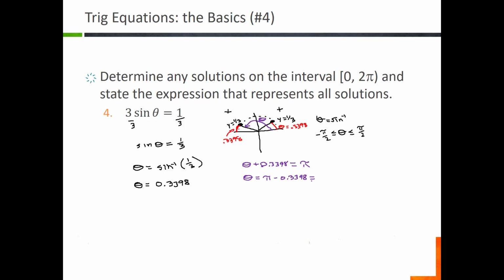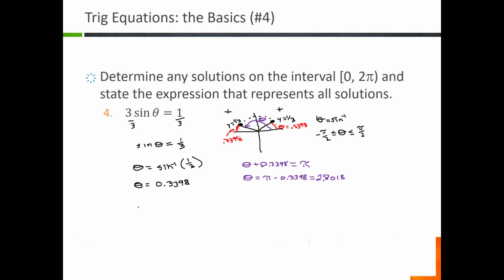If we compute pi minus 0.3398, we're going to get 2.8018, depending on how you round it. So that gives us our second answer.